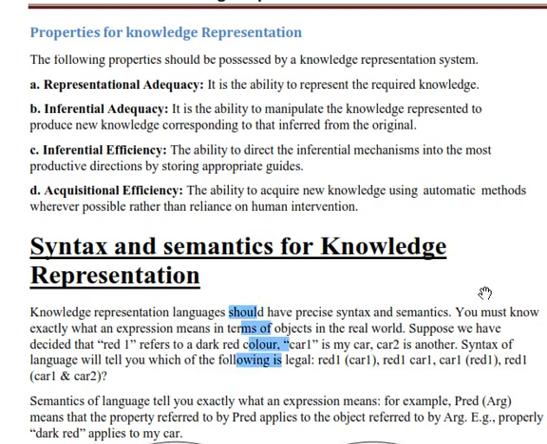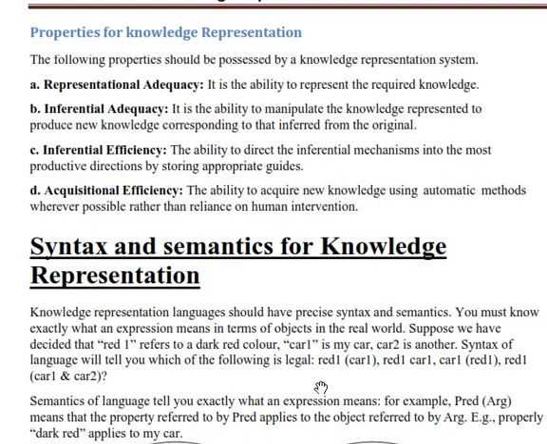Let's also discuss the syntax and semantics for knowledge representation. Knowledge representation languages should have precise syntax and semantics. You must know exactly what an expression means in terms of objects in the real world.